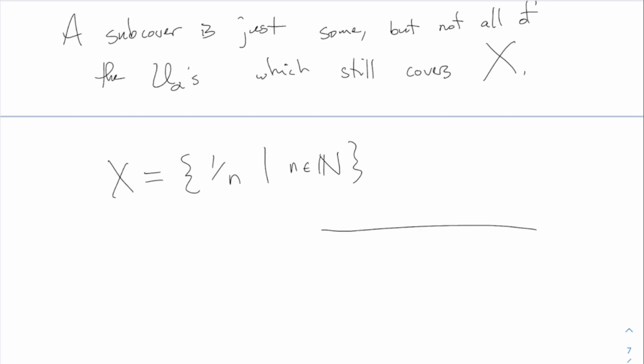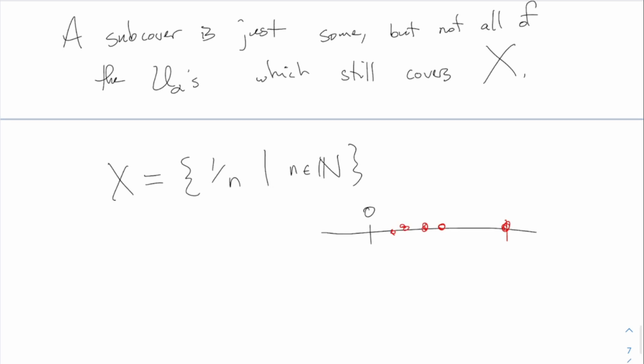So this set does not include 0. It does include 1, a half, a third, a fourth. It includes all the fractions 1 over n, but not 0, all right? It turns out that is not compact, and I can describe for you an open cover with no finite subcover.